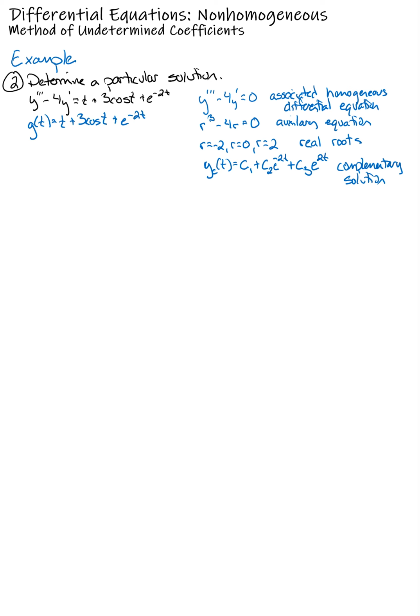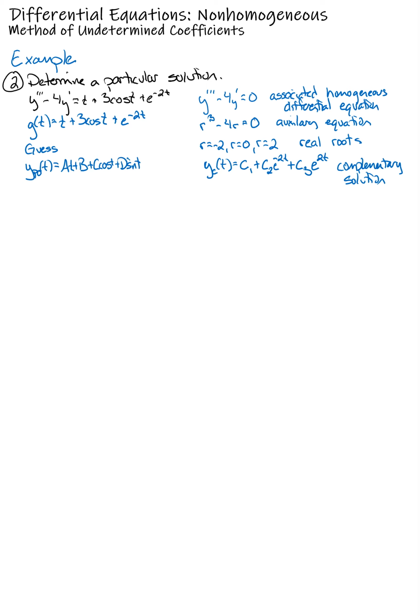So looking at this, we can make our initial guess, which I'll call y sub p 0. Now we might have a few more variations on this guess, but we'll start with just this basic guess based off of g of t. From the t portion, that gives me at plus b. The cosine portion gives me c cosine t plus d sine t.